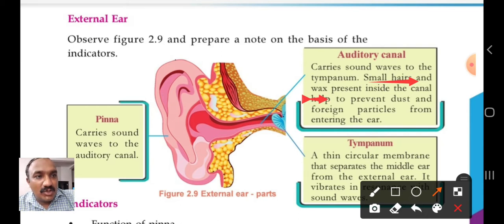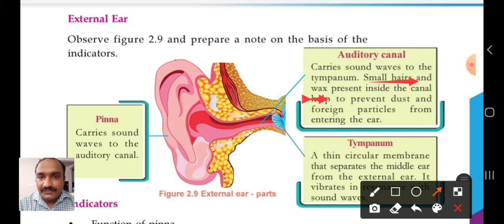The small hairs and wax present inside the canal help to prevent dust and foreign particles from entering the ear. That long sentence you don't need to study. Just remember the protection of the ear present in the auditory canal is hairs and wax. Those two words only are to be remembered. And the first sentence, what is the function of the auditory canal? It carries the sound waves to where? Sound waves to the tympanum.